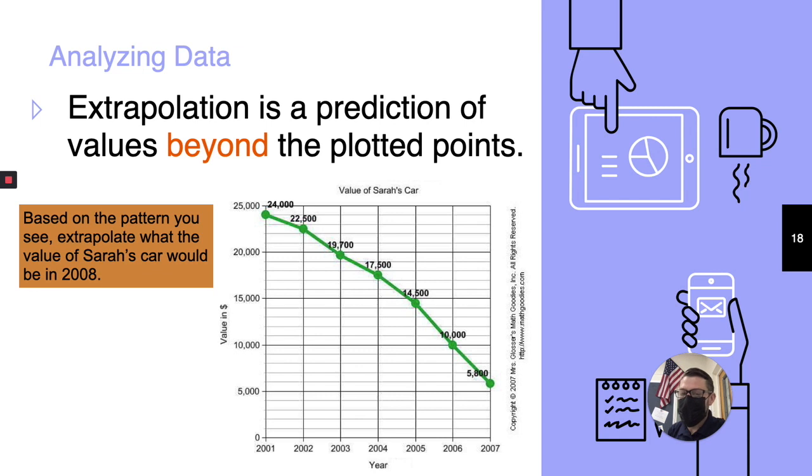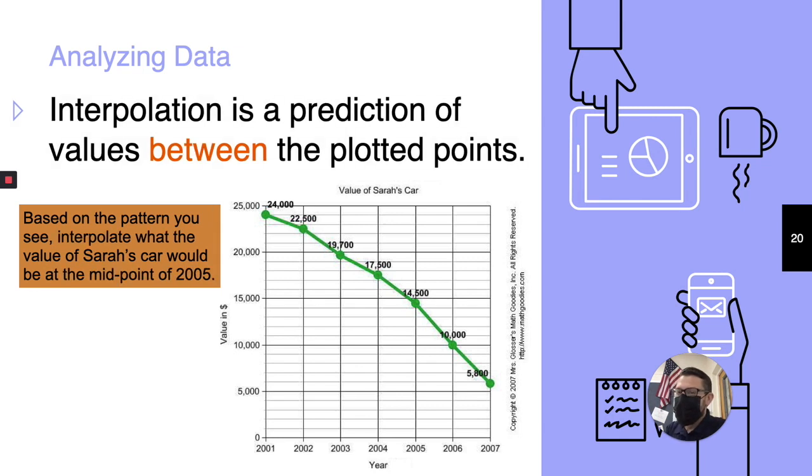So if we were to take a ruler and extend that line beyond 2007, we can make a reasonable prediction. We can extrapolate what the value of that car would be. And if we were to extend the line down, it would intersect at around $1,600. So even though we didn't measure that, we can predict it. We can extrapolate it. We can go beyond the measured data.